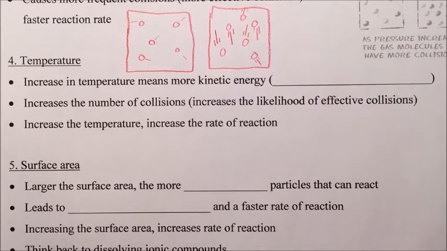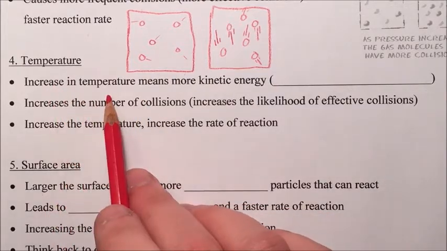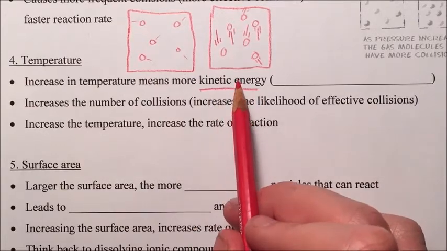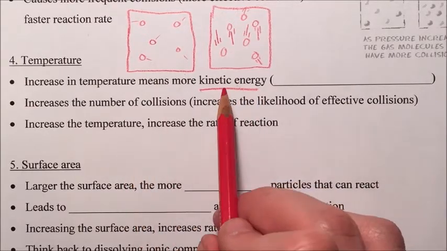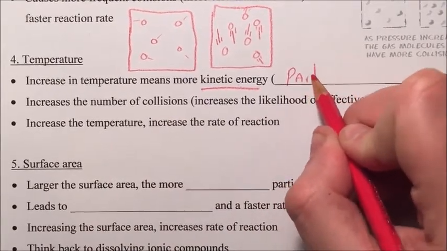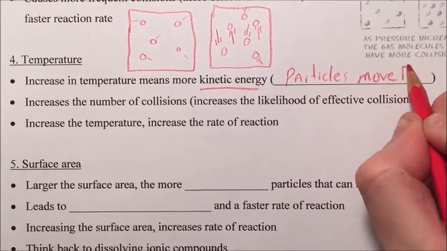Okay, next we have temperature. Now, you might see this in the lab. When you increase temperature, what this ends up doing, as we've already said before numerous times in the class, is that it increases the kinetic energy. If we increase the kinetic energy, that means that particles move faster.